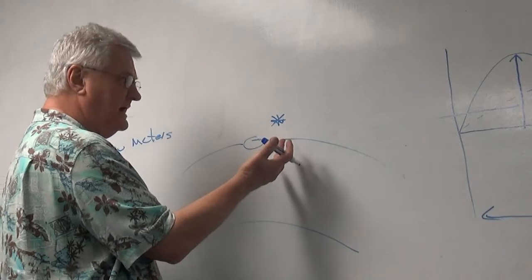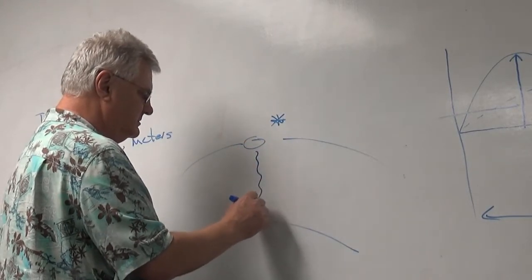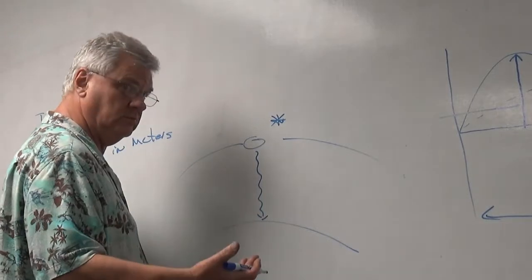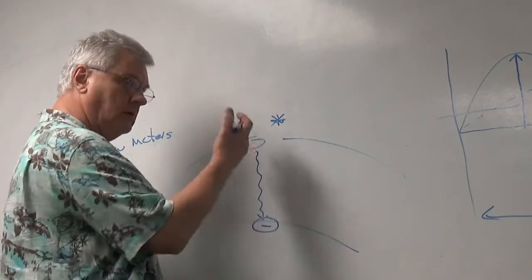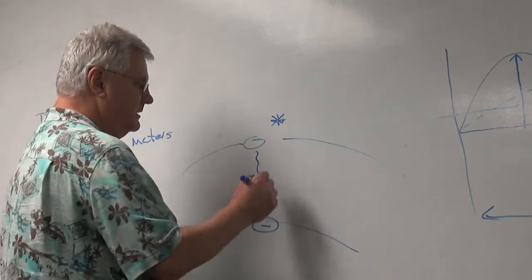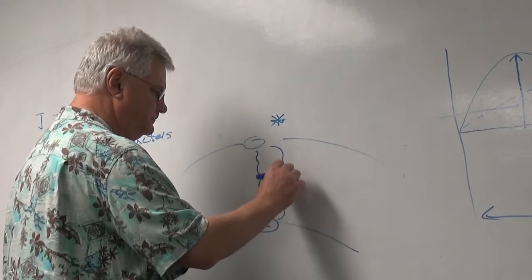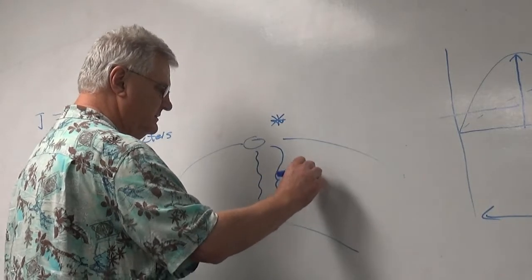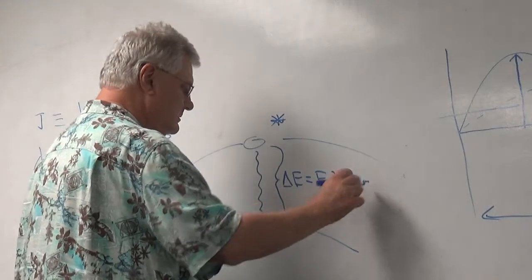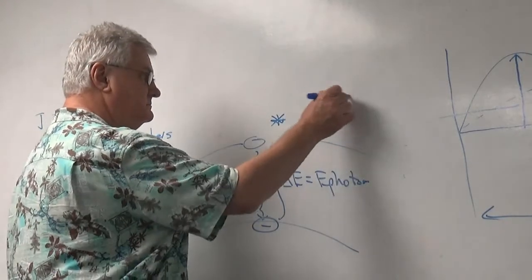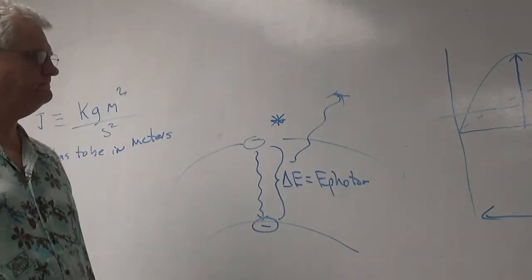If an electron's in a higher energy orbital and it returns to its normal, most stable state or a lower energy state, this change in energy here is exactly equal to the energy of the photon that's given off as a result of that. And this is the law of conservation of energy.